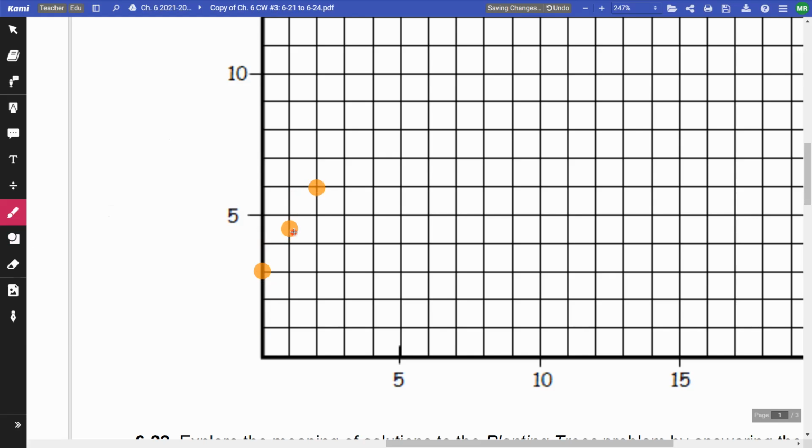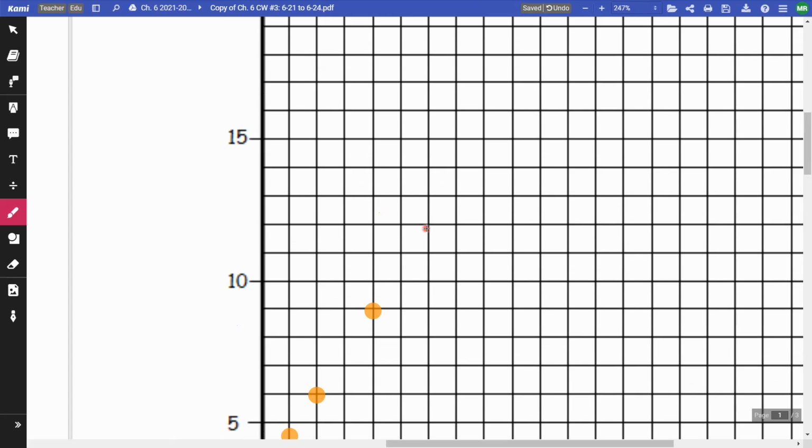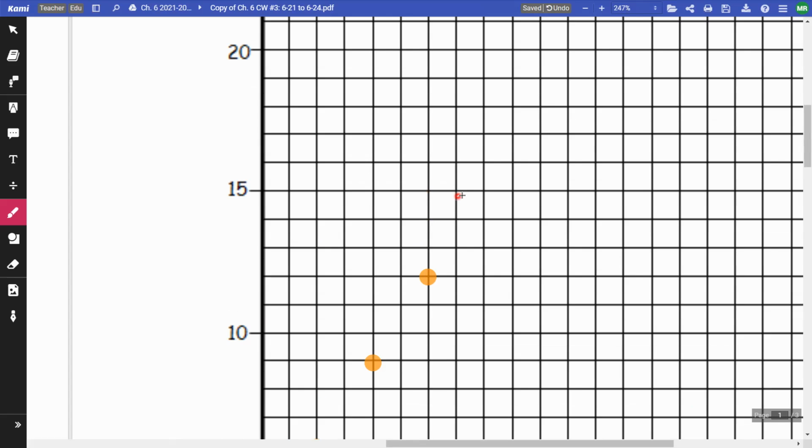Now, what you'll notice is this isn't nice, but from here to here is nice. So I'm going to look and see, how did I move? I went up 1, 2, 3 every 2. So I'm going to do that instead. So it's increasing by 1.5 every 1 year, but it's increasing by 3 every 2. So I'm going to go 3 every 2, and I'm just going to keep doing this. Okay, 3 every 2, 3 every 2.